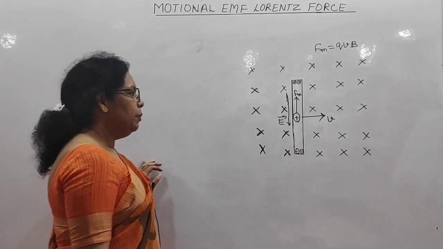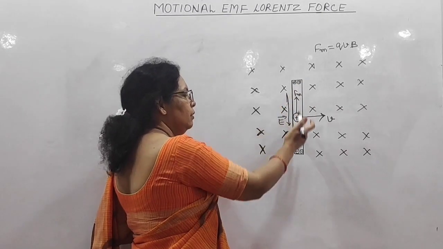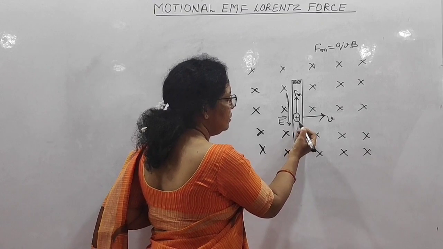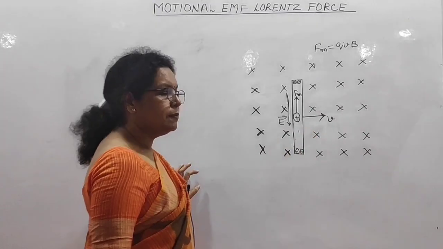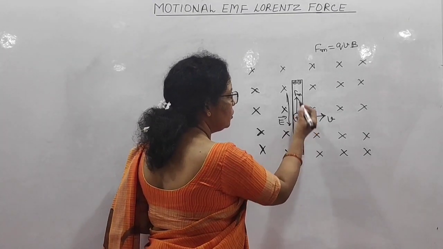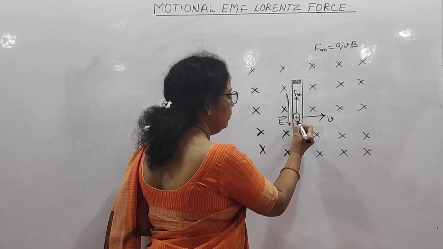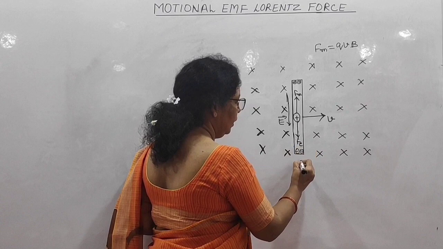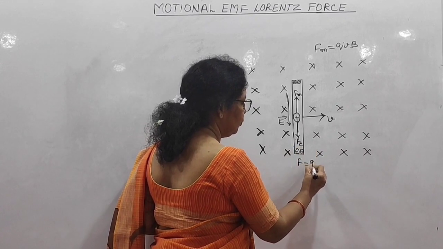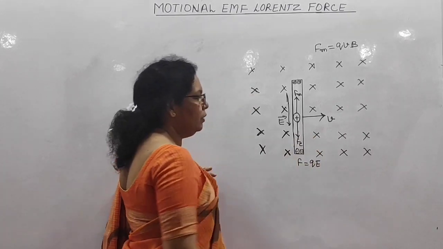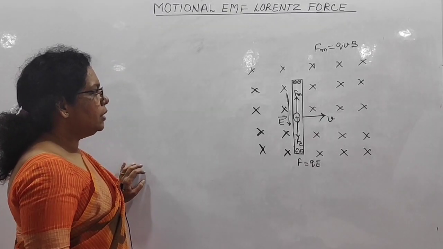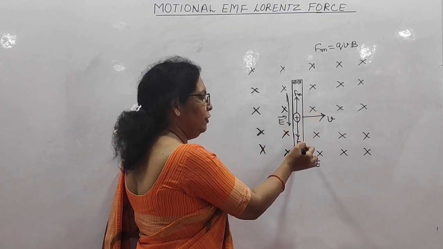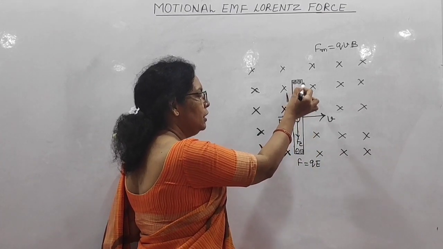What happens when an electric field is developed here? Due to this, the positive charge again experiences a force, in which direction? From positive to negative, in this direction. So this is Fe, and it will be QE if the charge is Q. Fe will increase as the accumulation of charge increases.